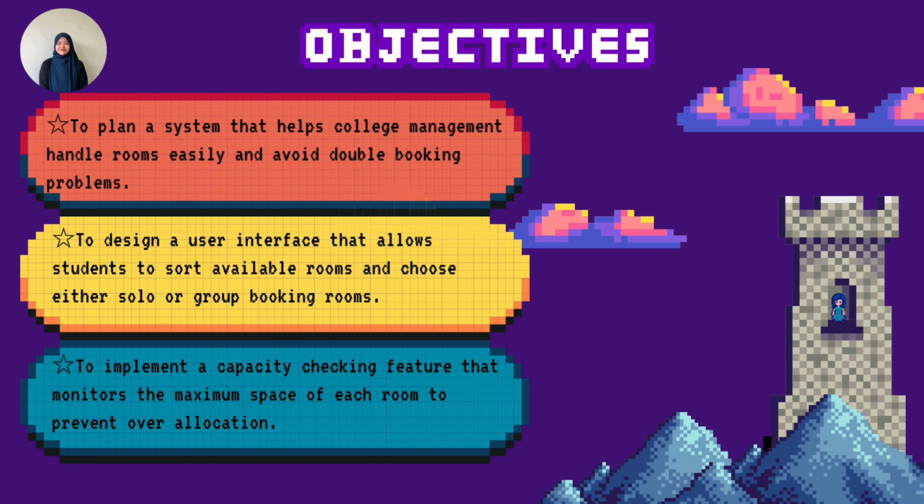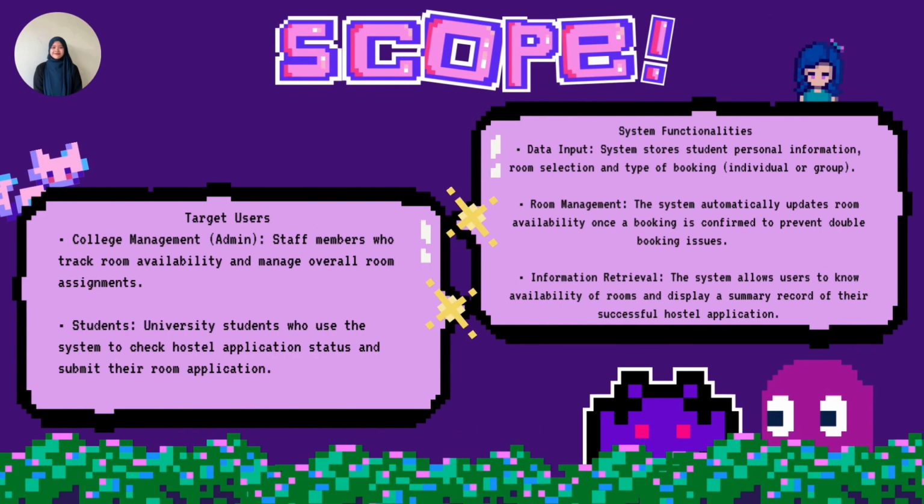And the third, to implement a capacity checking feature that monitors the maximum space of each room to prevent any over allocation issues.